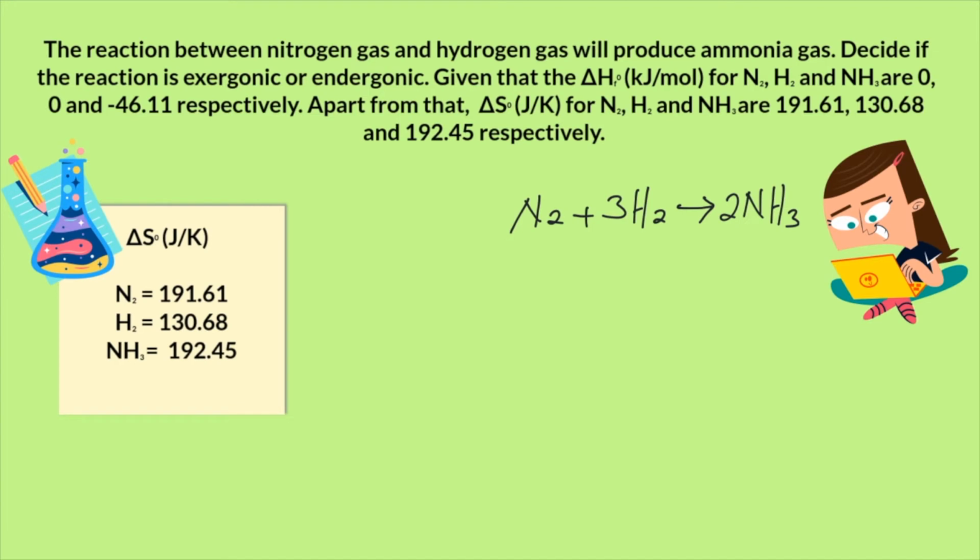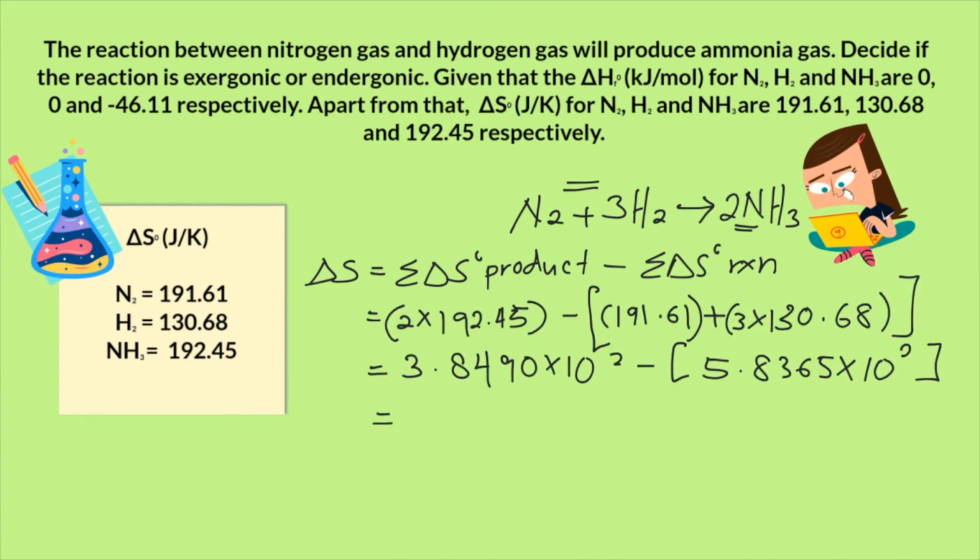Okay, next up we are going to calculate the delta S. Delta S is almost the same, it is the summation of the delta S of the product minus the summation of delta S of the reactant. Same drill, you look at this one as product and this one as the reactant. You just look at the values given in the question and plug them in.